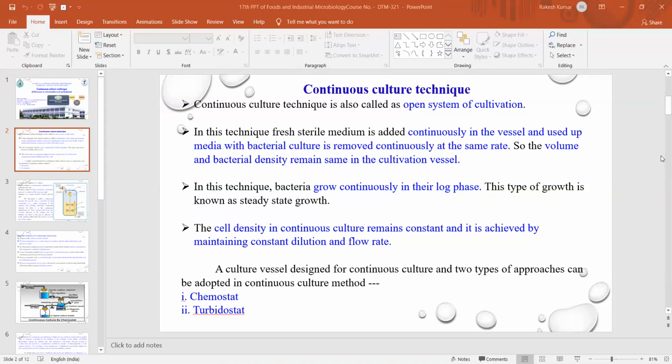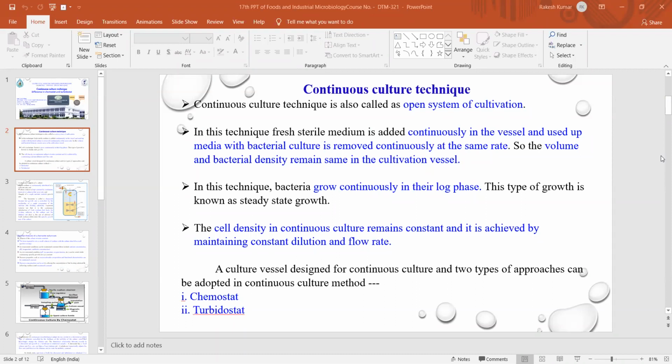And cell density is a very important thing in this type of method. So in this continuous culture method, cell density remains constant, and it is achieved by maintaining a constant dilution and flow rate. As I have already discussed, you have to maintain the same rate.